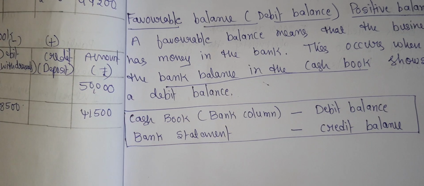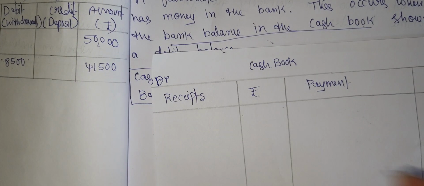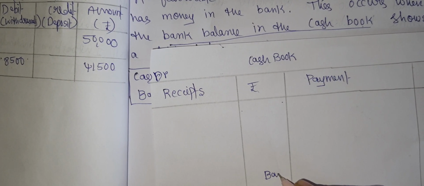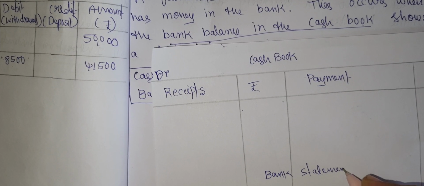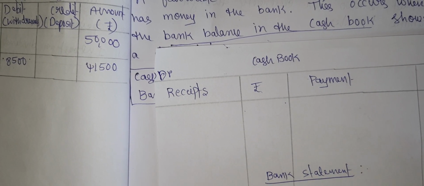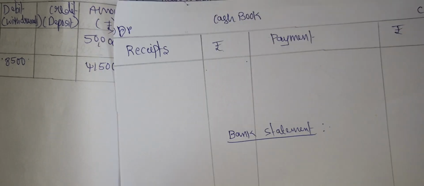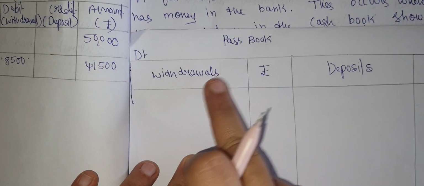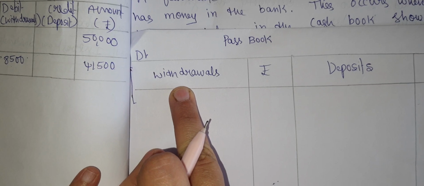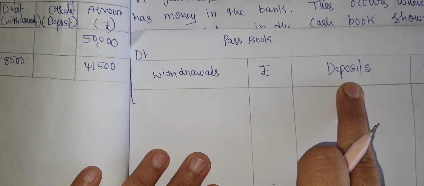And in the bank statement or passbook, what happens? In the passbook, we debit all withdrawals and credit all deposits.